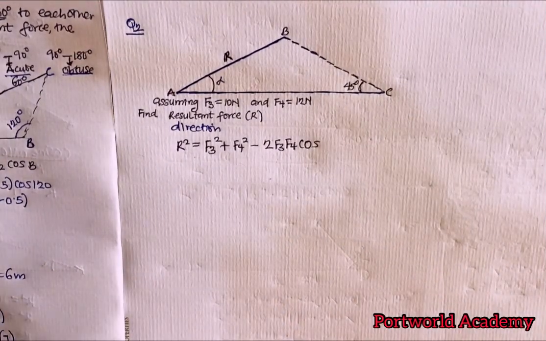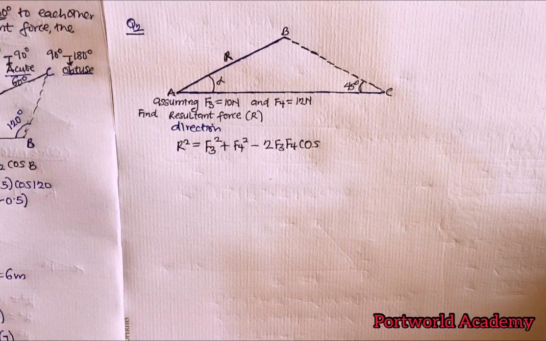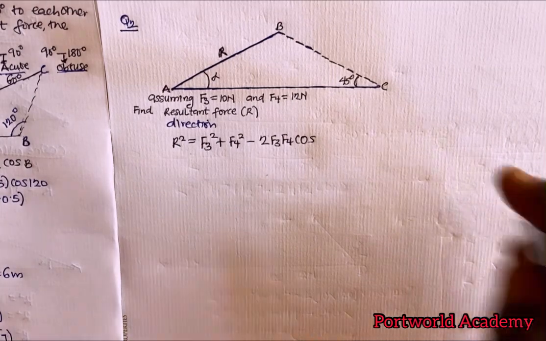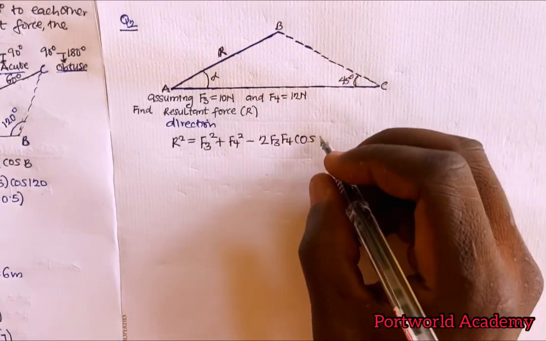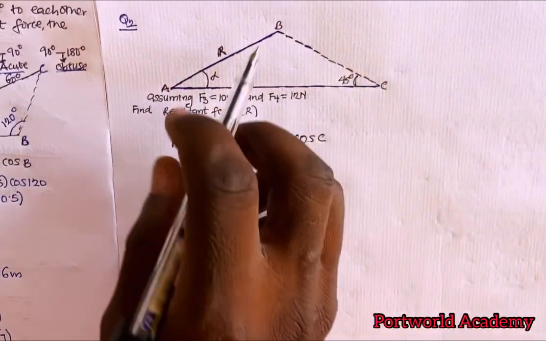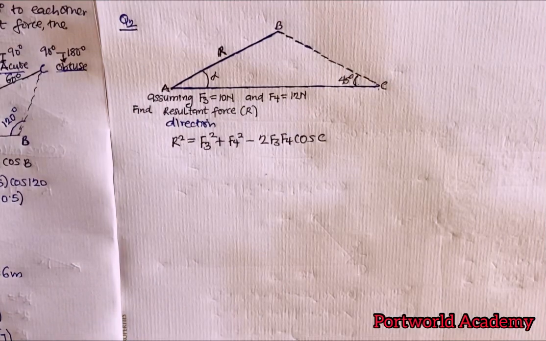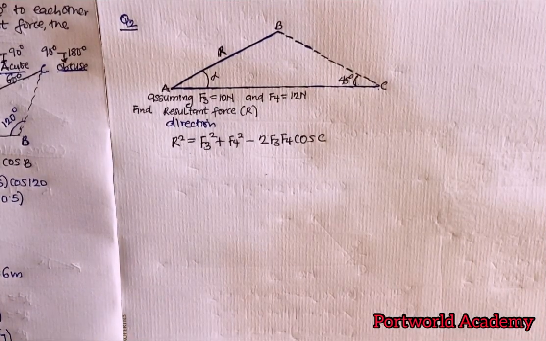Is it going to be cos B or cos C? Actually, it's going to be cos C, since we are given 45 degrees here, and this is where our imaginary line falls. So let's go ahead and calculate the resultant force.